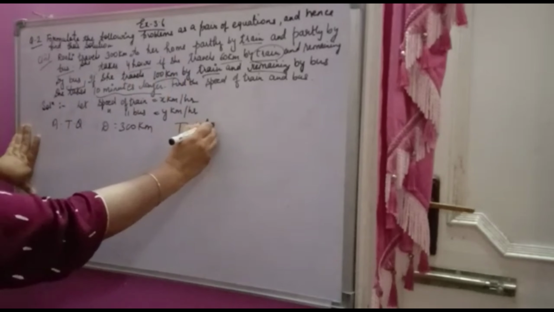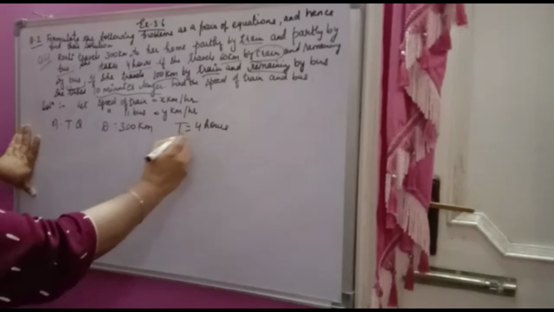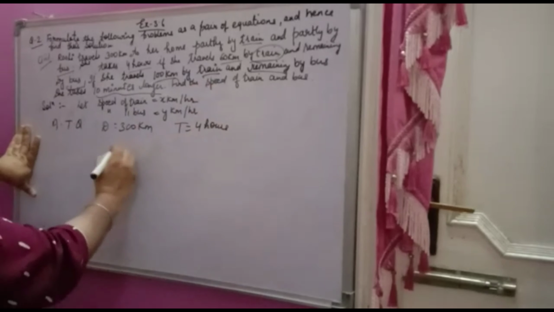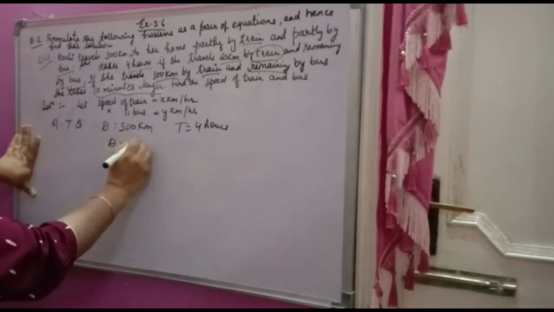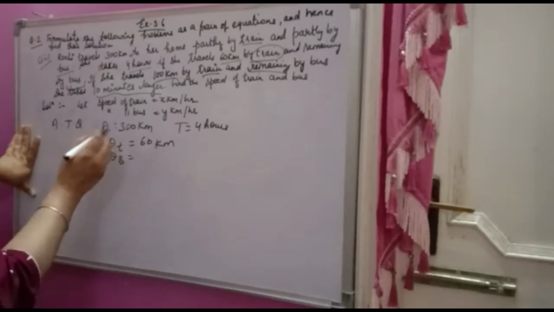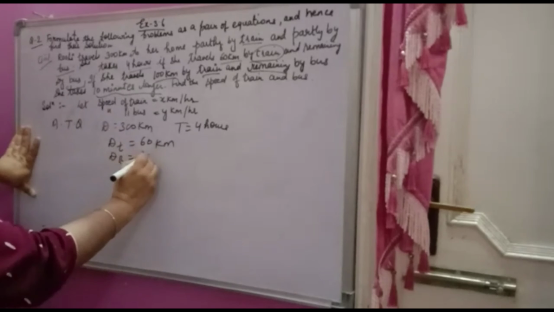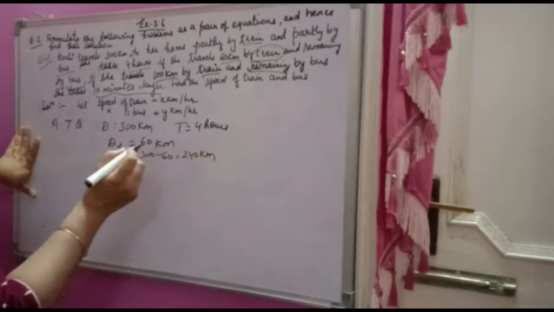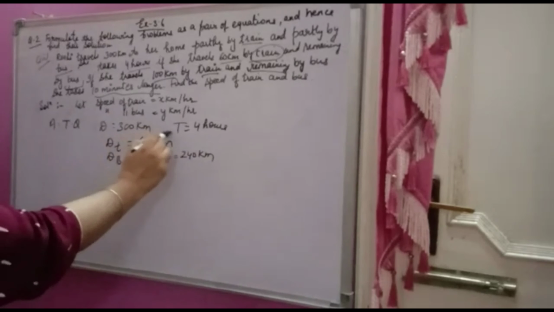If she travels 60 km by train, the distance travelled by train is 60 km and the distance travelled by bus is the remaining, 300 minus 60, that is 240 km. Now in this, time is given.